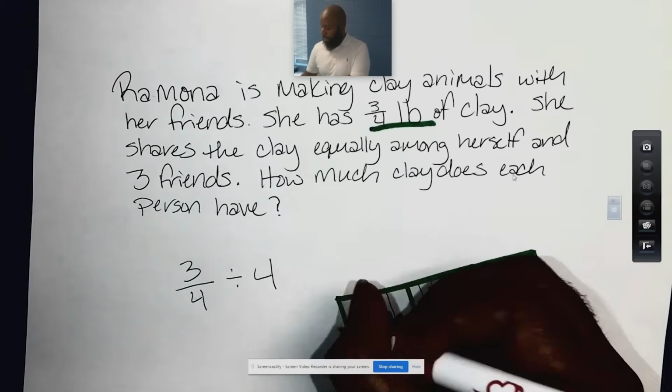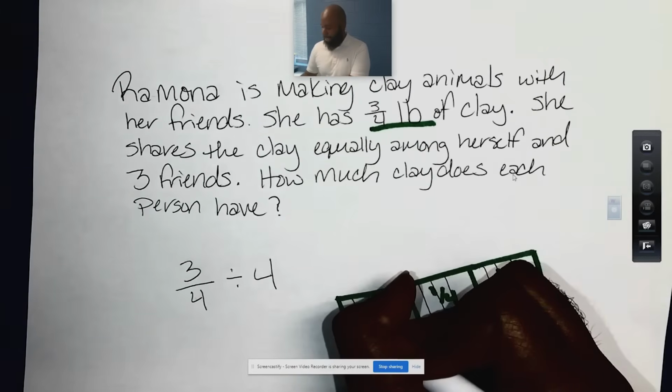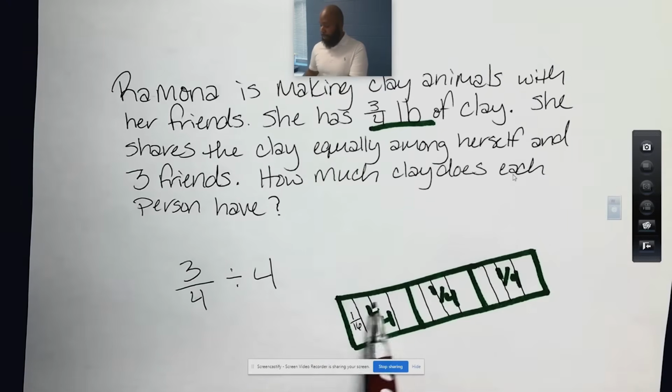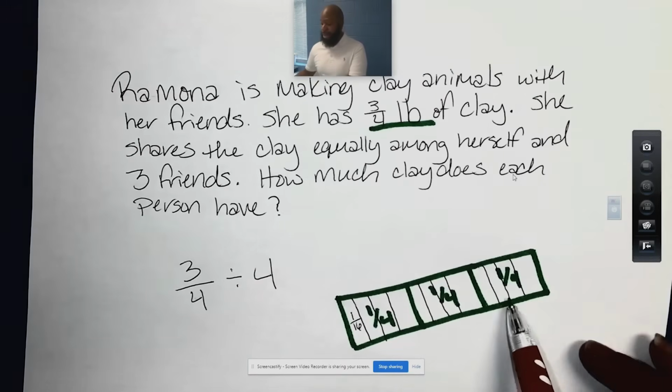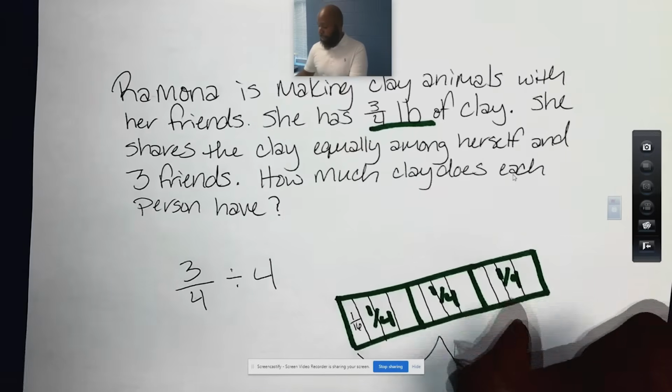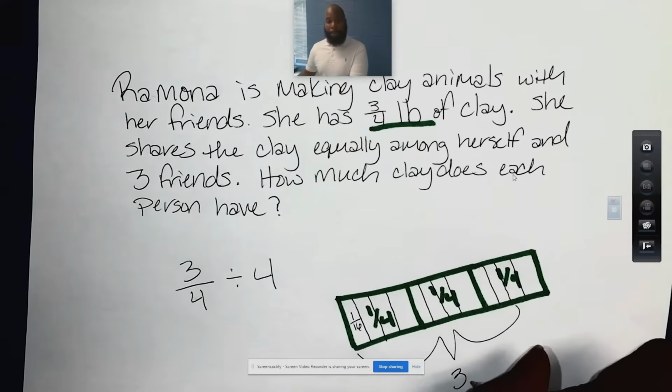So each piece is going to represent 1/16, because this fourth represents 1, 2, 3, 4 pieces. This fourth is cut up into another 4 pieces, which is 8. This fourth is cut up into another 4 pieces, which is 12 total, which I know represents my 3/4 of a pound.